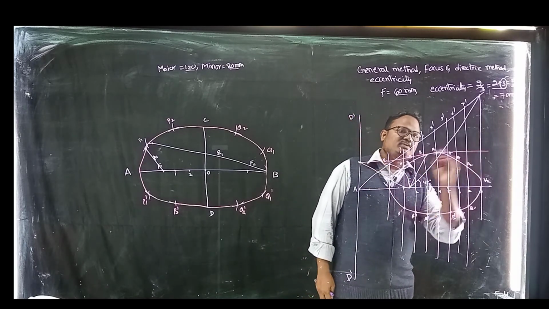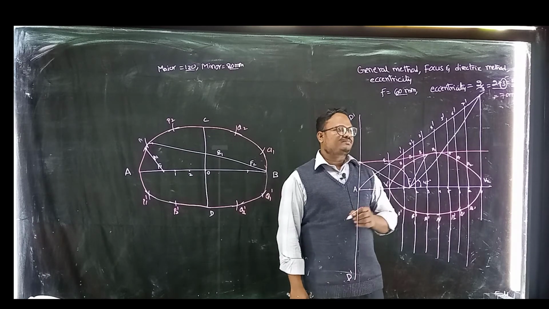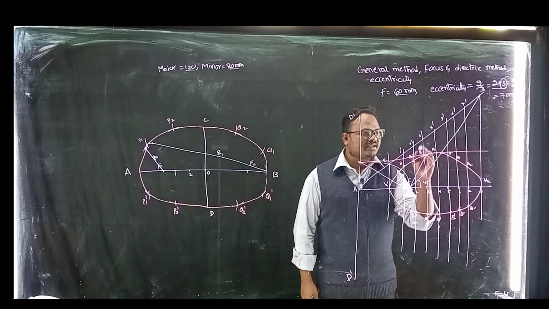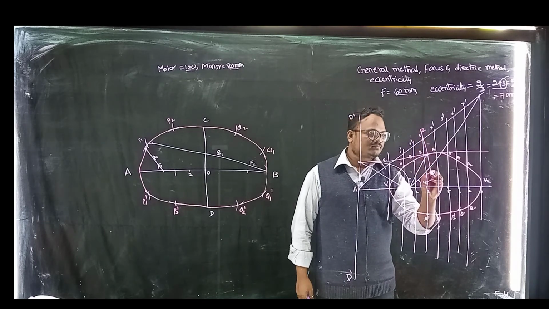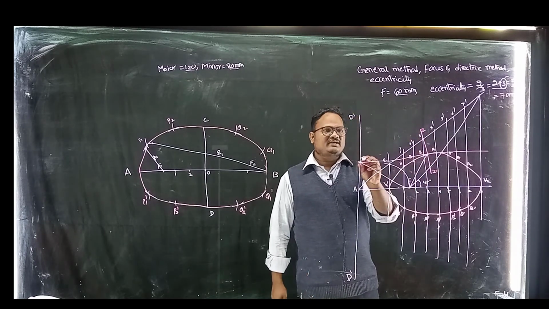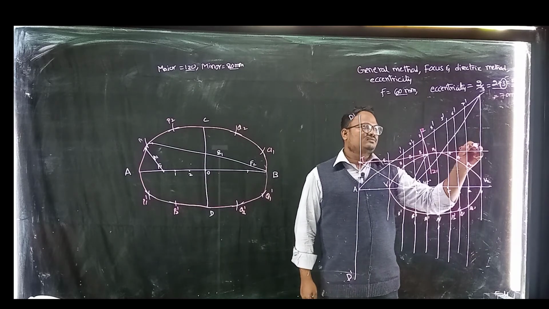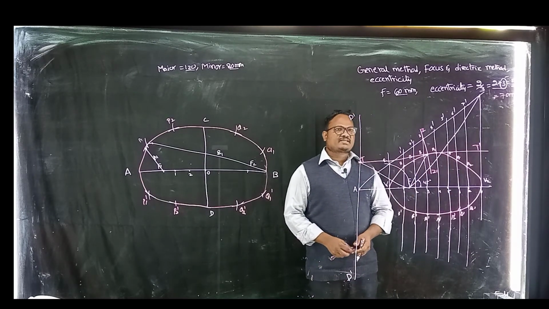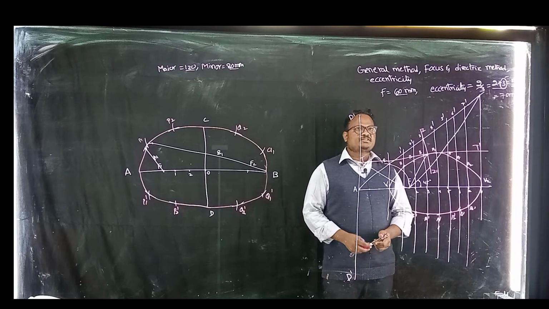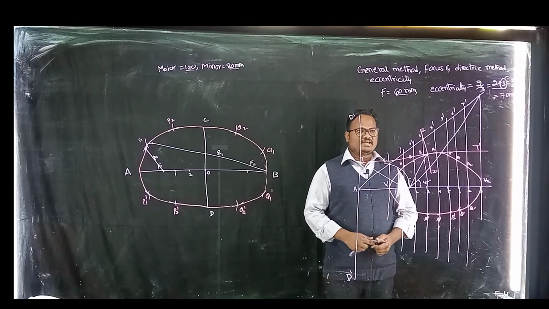Like this you will get the tangent. The 90 degrees line to that is nothing but the normal. So this is the tangent. So this is the ellipse by the concentric circles method or eccentricity method or focus and directrix method.